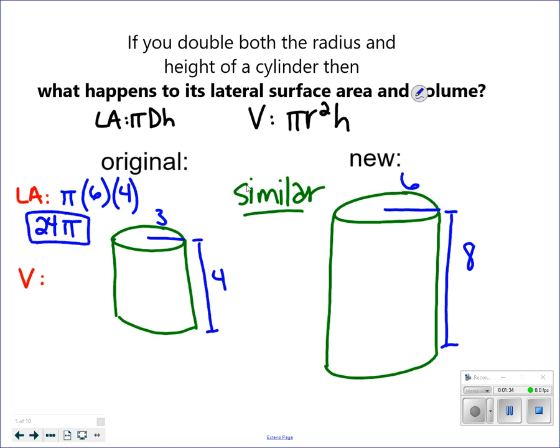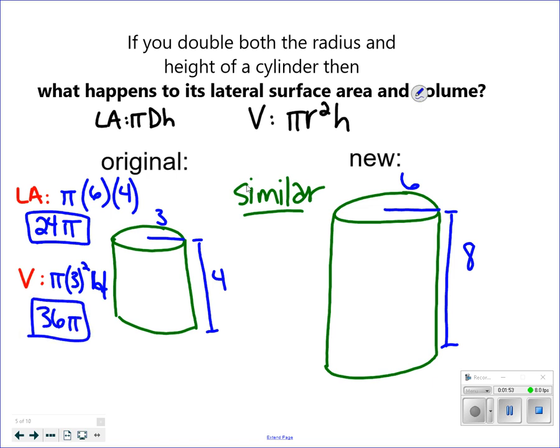For volume, it's pi r squared times h. So we would have pi times the radius squared times h, which would be 4. So that would be 9 times 4, which is 36 pi.